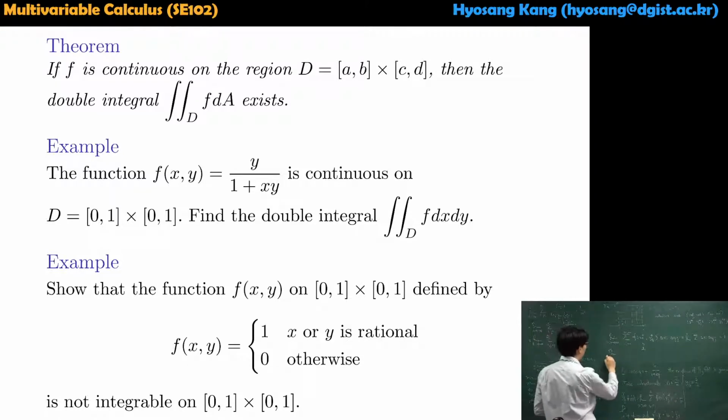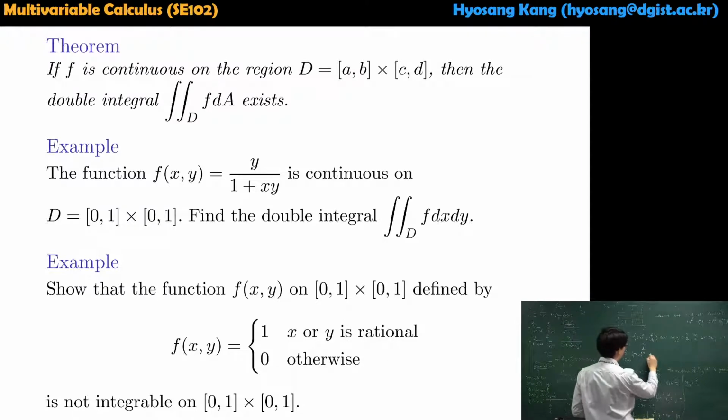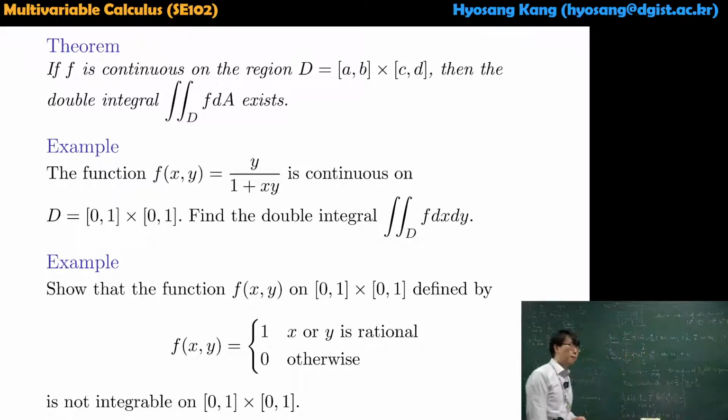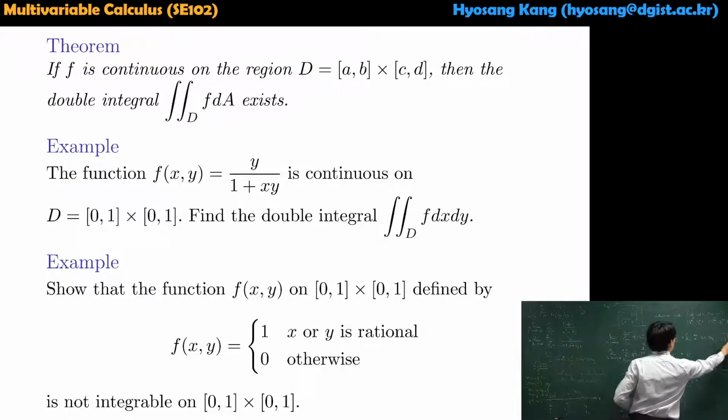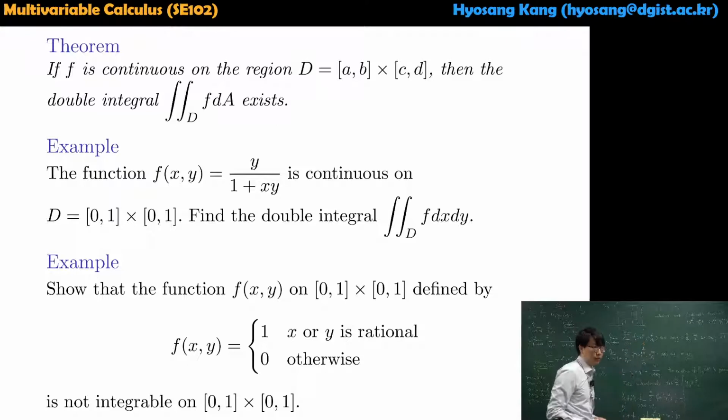However, if I take xi star star and yj star star instead, then I know that this is always 0, there's nothing to be added. It's always 0. So we have two different values depending on the choice of points in the subintervals. So the limit doesn't exist, therefore the double integral doesn't exist.